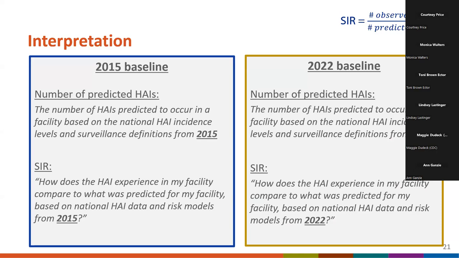And the SIR will answer the question, how does the HAI experience in my facility compare to what was predicted for my facility based on national HAI data and risk models from 2022? So the SIR on the 2022 baseline is offering a comparison of your data to a more recent set of national data.